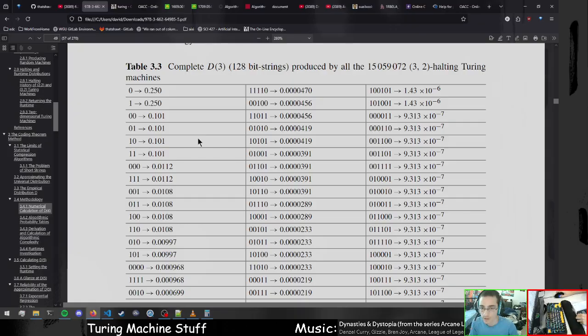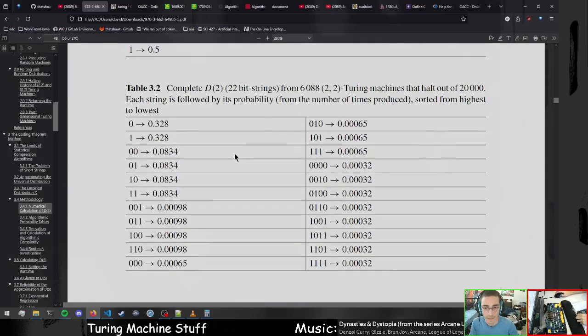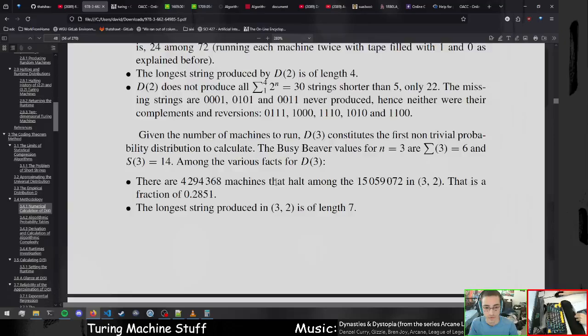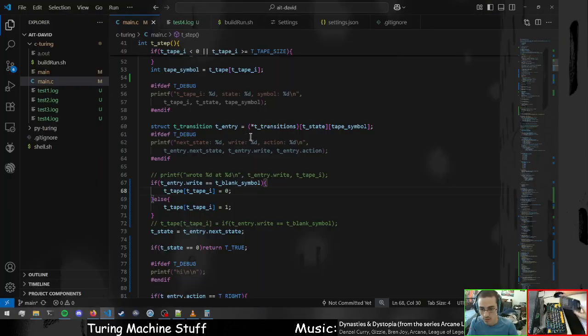I mean, they say they have this many. Here they say they have this many. And I got a slightly different number.